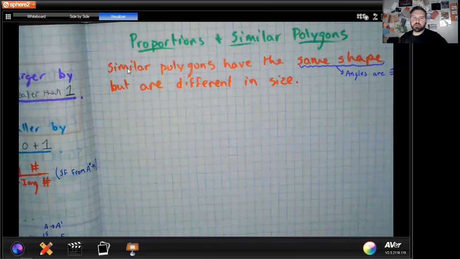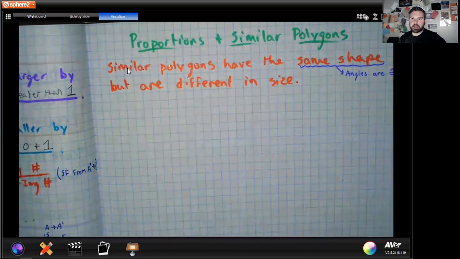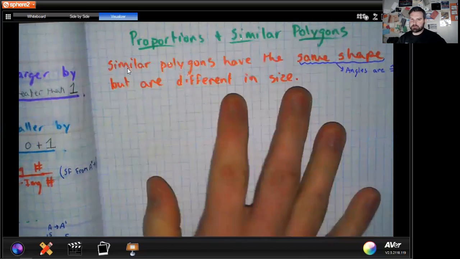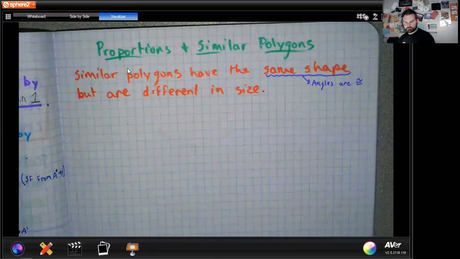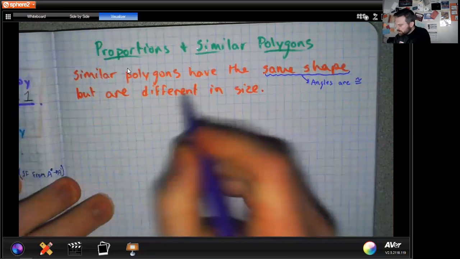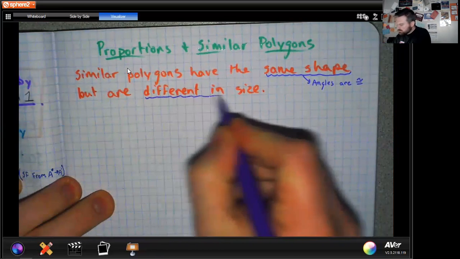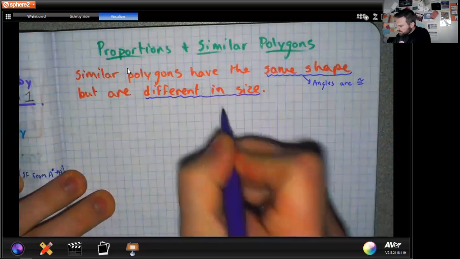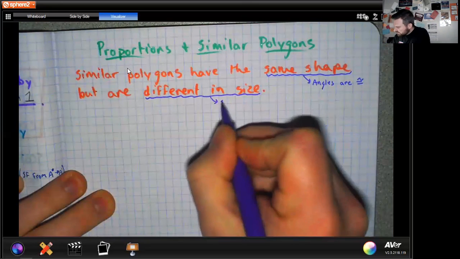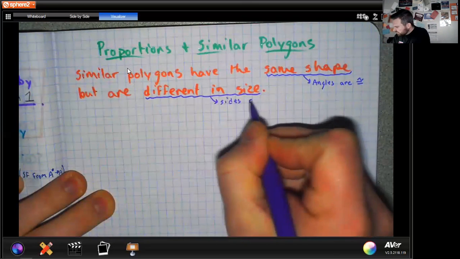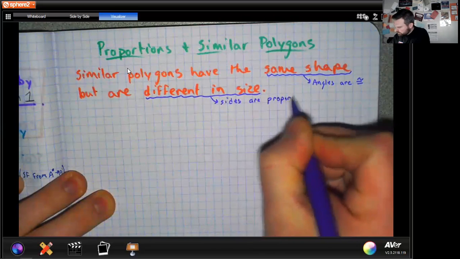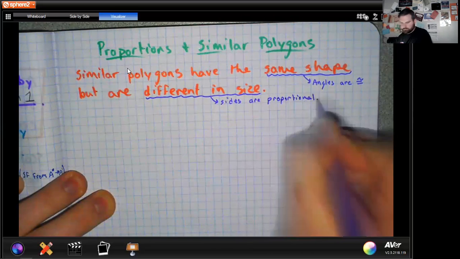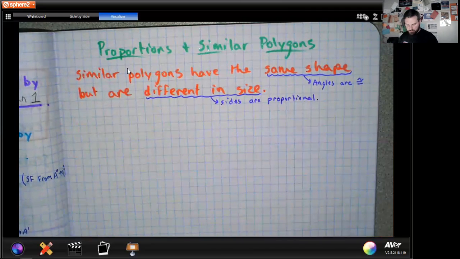Which when we talked in the last unit, that's because it only makes similar polygons. It doesn't make congruent polygons. And when we talk about different in size, this means that their sides are proportional. Okay, so their sides are proportional.